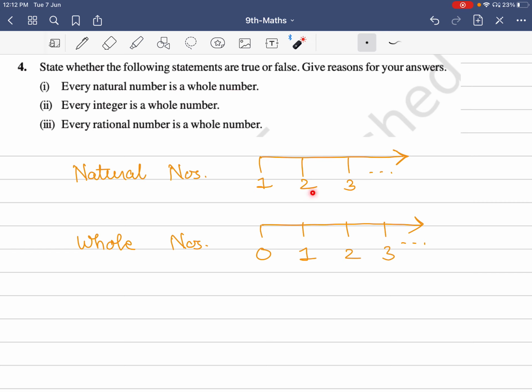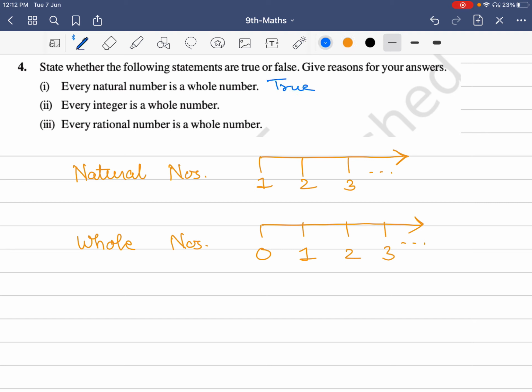Take any number from this set of natural numbers. Is it present in this whole number line? Yes, because from 1 all the numbers are included in this number line. So this statement that every natural number is a whole number is absolutely true. So I'm going to mark here true.